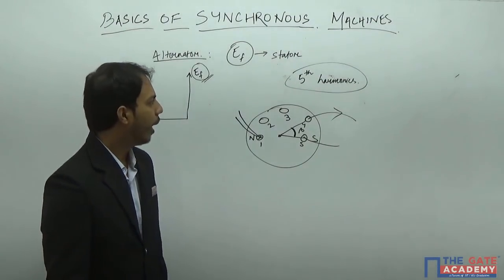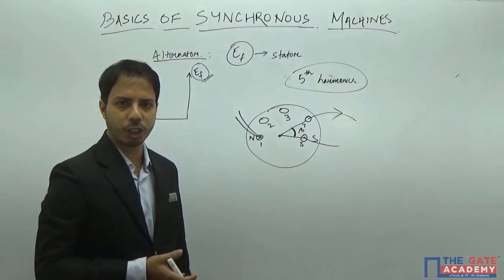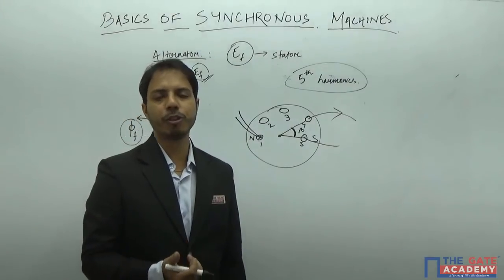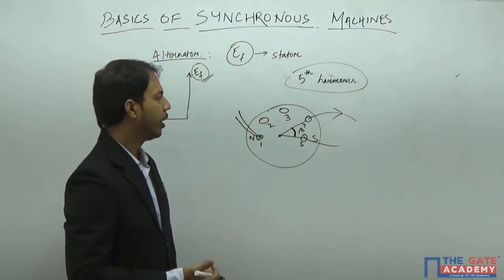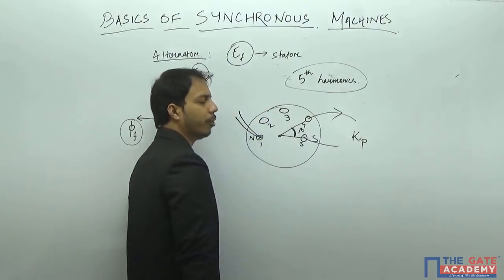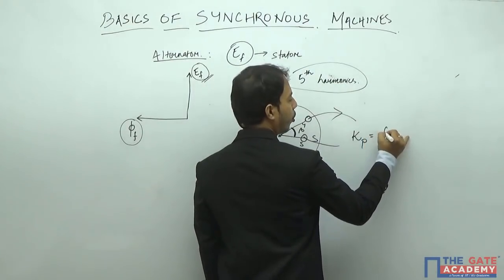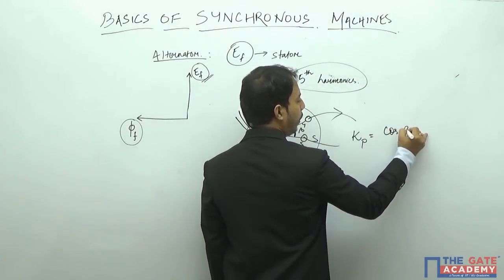Ultimately, if I short pitch, my EMF will reduce. So the induced EMF I have to multiply by a factor called Kp, the pitch factor, and this pitch factor is nothing but cos of beta by 2.